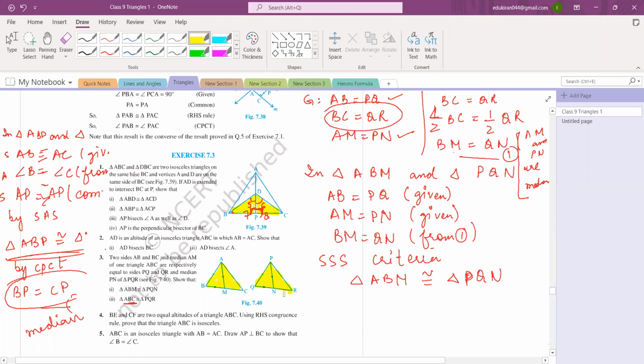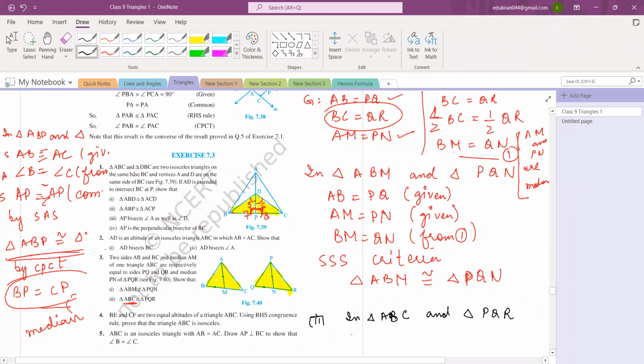So tell me what things I have here. Miraj, tell me one condition which I have here. AB is equal to PQ. Okay, that's very good. So first write in triangle ABC and triangle PQR.